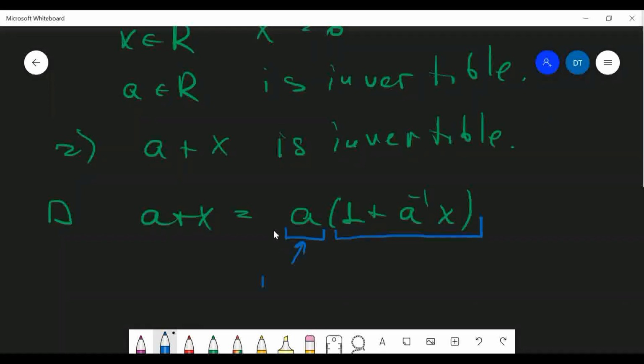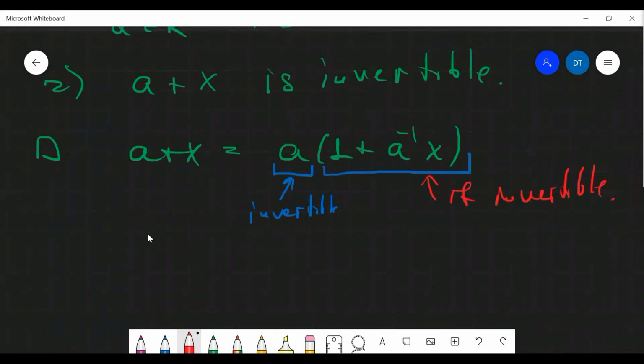This one is invertible, and if we show that this one is invertible, then the product of invertible elements is invertible. This is what we know for any operation: if you have two invertible elements with respect to any operation, their product is invertible with respect to the same operation. So it's enough to prove invertibility of the second one.